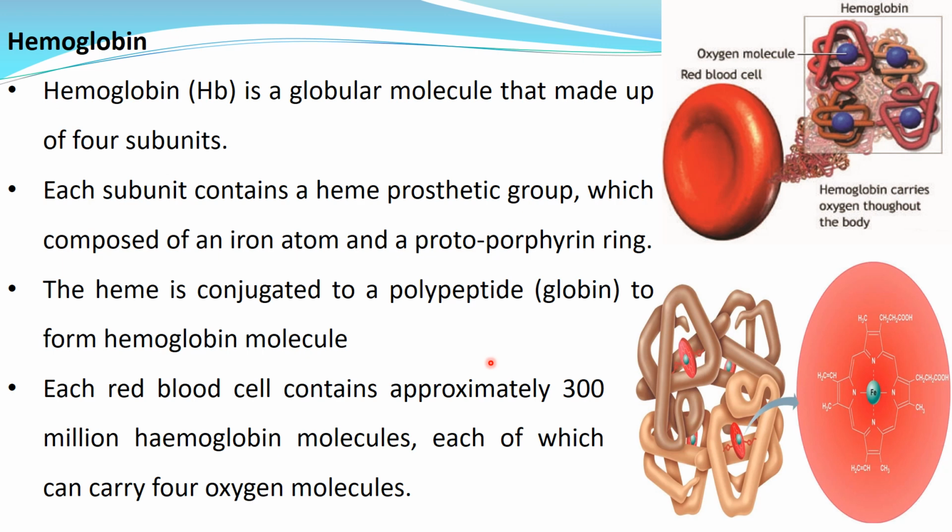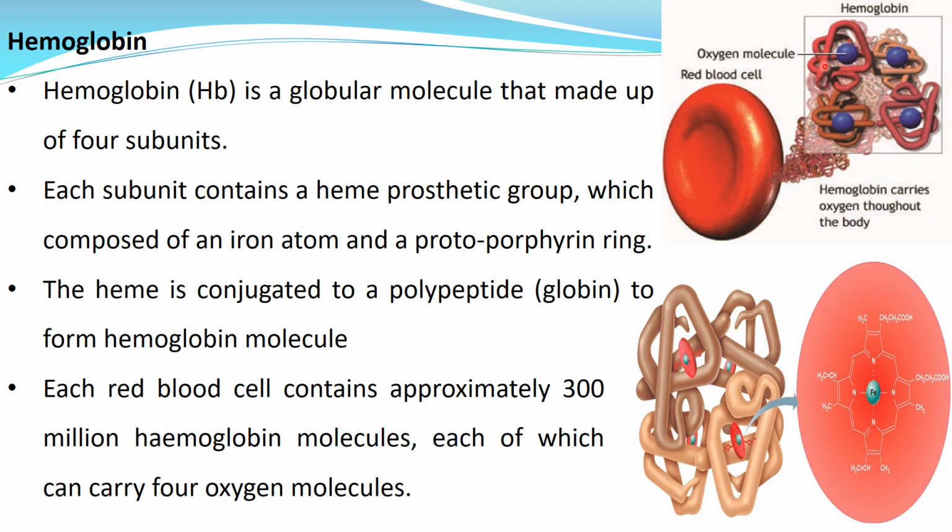If you remember what we said, the red blood cells can act as a sac of hemoglobin. So they are occupied with a specific type of protein, which is called hemoglobin. So hemoglobin is a globular molecule that is made up of 4 subunits.